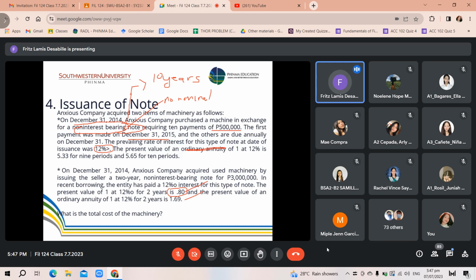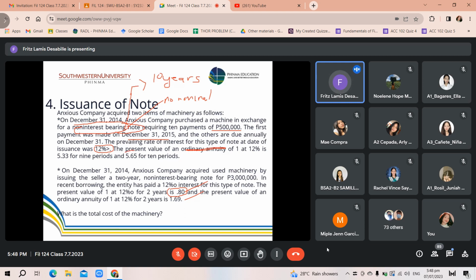Okay, so 500,000 will be multiplied with the present value of ordinary annuity of 1 at 12%. Now, what I want you guys to do, I'll give you 5 minutes. Please recompute, because this is okay, guys, since it's just an example.